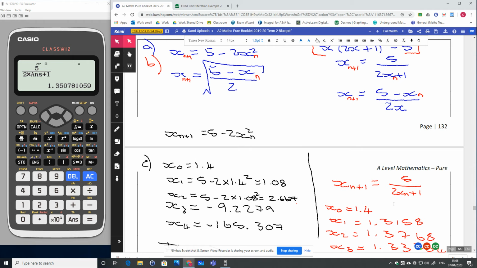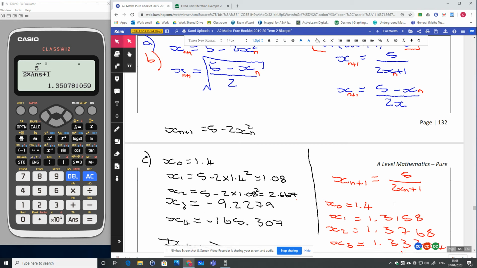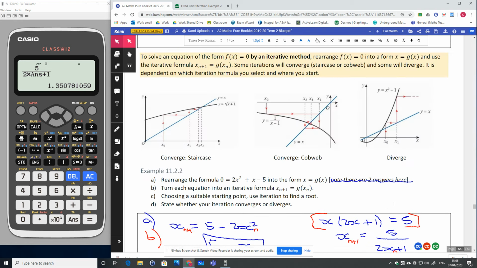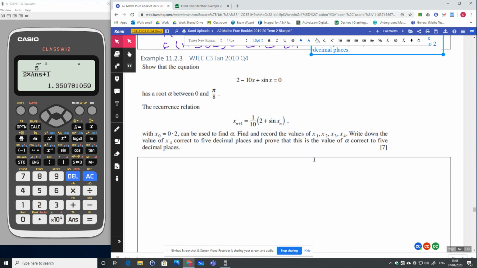Therefore, we ended up converging. So that's how it's worked out, and you don't need to worry about that. The exam question will work that out for you. So spend a little bit of time on that and see if you can understand how these graphs are working. And I'm going to do this exam question as a separate video.